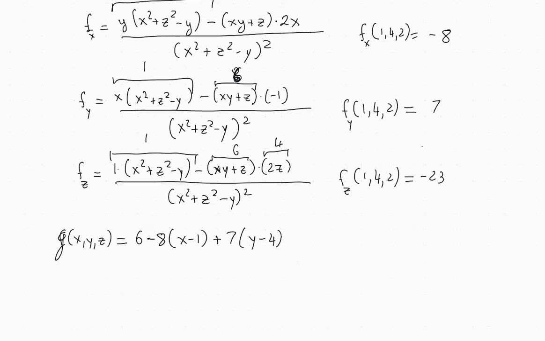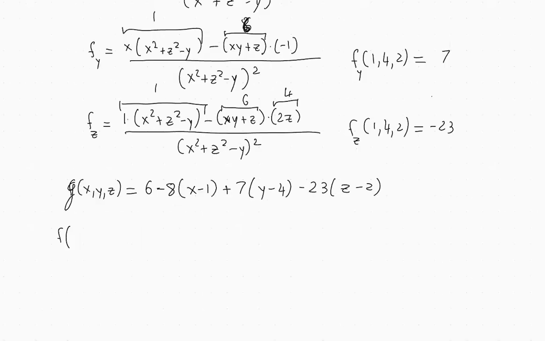And so f of the point we're interested in, which is (0.8, 3.9, 2.1), is approximately equal to g of (0.8, 3.9, 2.1). Let's see what we're dealing with here.